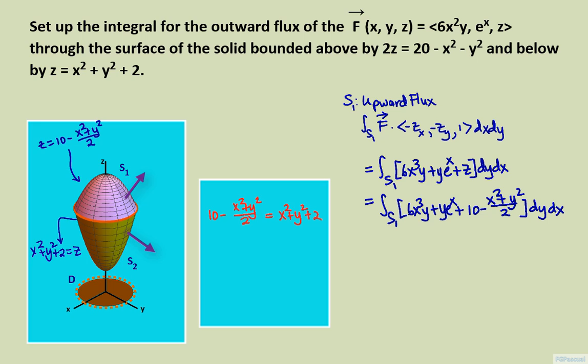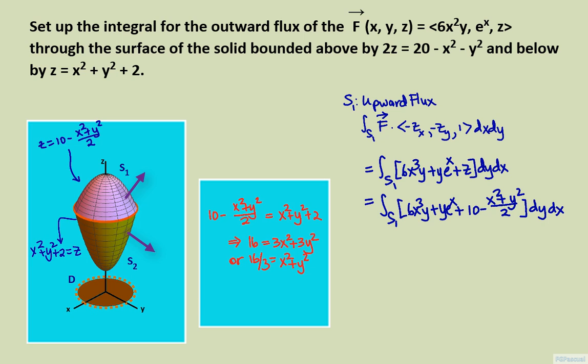The viewer can easily check as an exercise that by moving all the variables to the right side, we get the equivalent equation 16 equals 3x squared plus 3y squared, or that 16 over 3 equals x squared plus y squared.